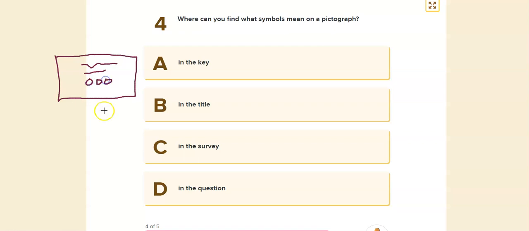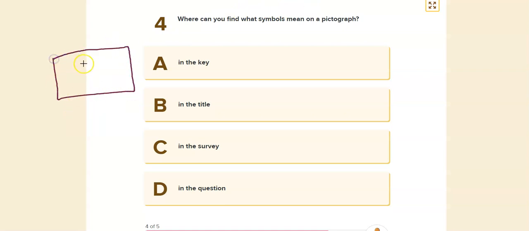So down below the graph, they'll show this circle stands for 1 vote, or maybe this circle stands for 1 popsicle, or whatever it is. It will say it right at the bottom, and that's how you know how to read what's going on in the graph. You have to look at the key in order to know 1 circle equals 1 vote.